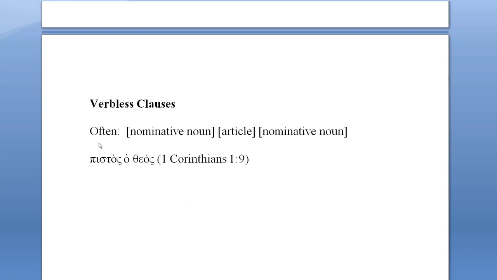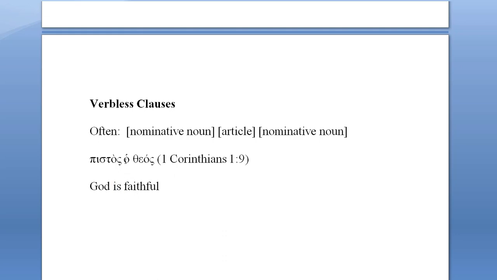Let's briefly also review verbless clauses. Often we have these as a nominative noun, followed by an article, followed by another nominative noun. And so we have, from 1 Corinthians 1:9, pistos ho theos. And often we would translate that as God is faithful. So here we have God as our subject and faithful is our predicate, and we supply a to be verb even though it's not explicitly there.